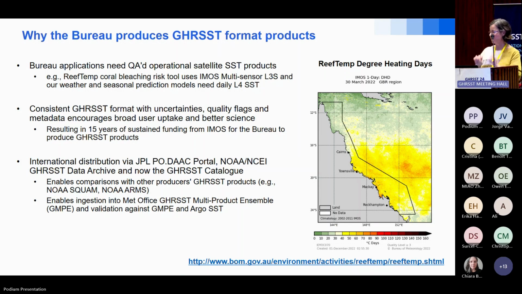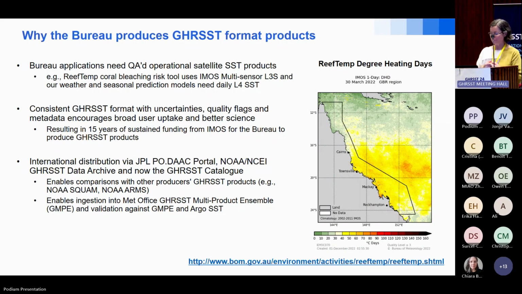We need to know the quality of each SST value going into our systems, and the consistent GHRSST format with uncertainties and quality flags and metadata does encourage broad user uptake and better science too.